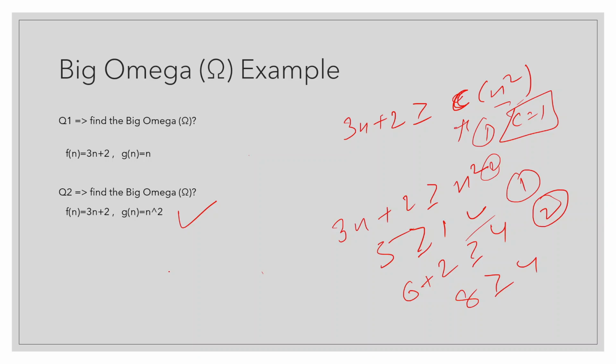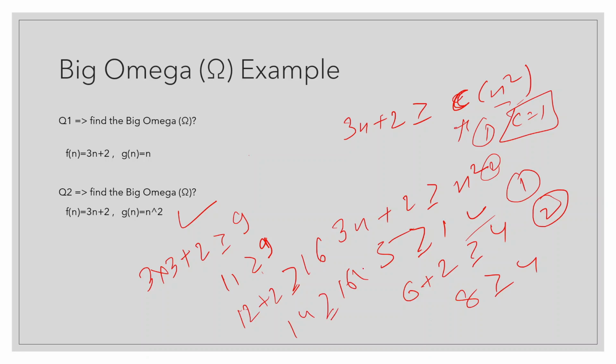Let's see for 3. 3 times 3 is 9, and 11 is also satisfied. Now we put n is equal to 4: 12 plus 2 is 14, and 4 times 4 is 16, so 14 is less than 16.